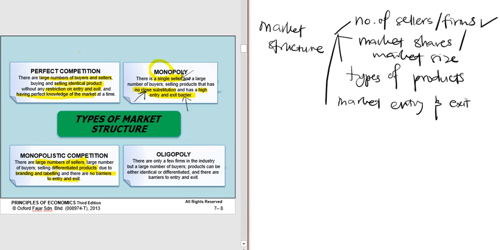Large number of sellers means there are a lot of firms that can sell products in this kind of market structure. The products they sell in monopolistic competition are differentiated due to branding and labeling, meaning they basically sell the same types of products, but customers can differentiate them depending on the brand or label that they put on their products.